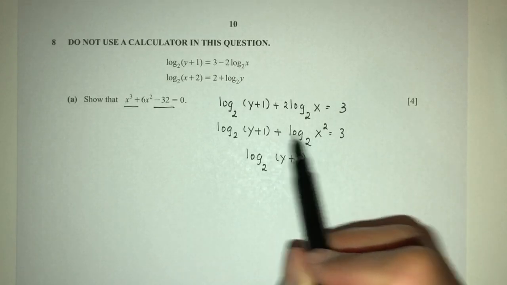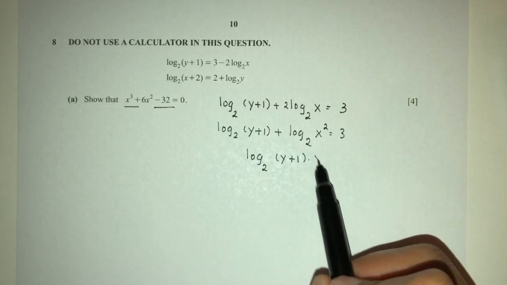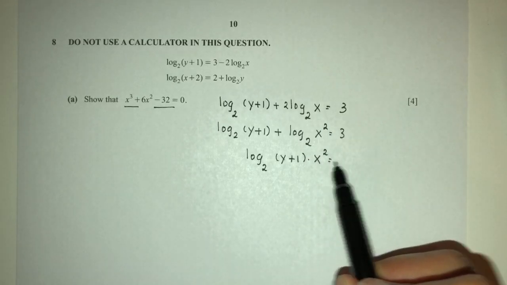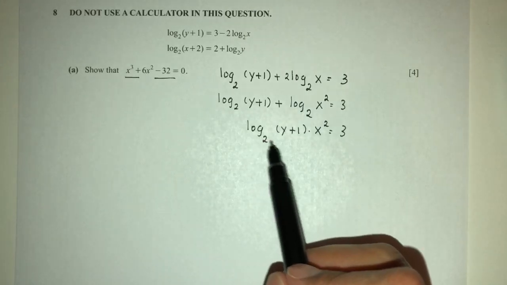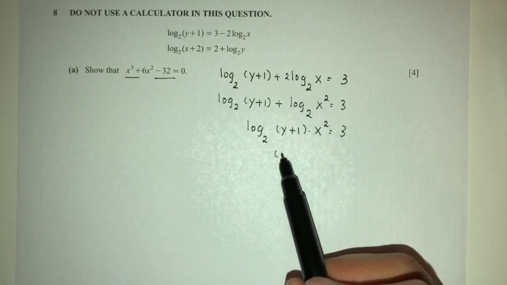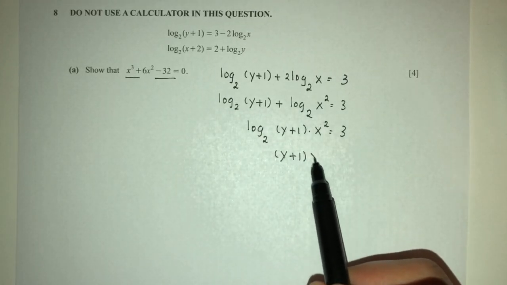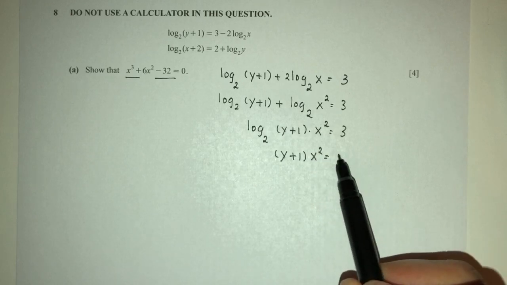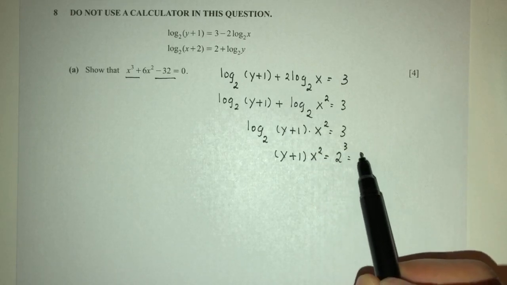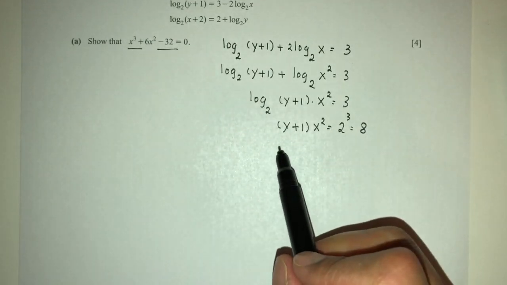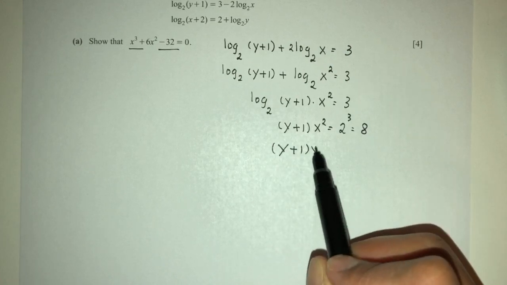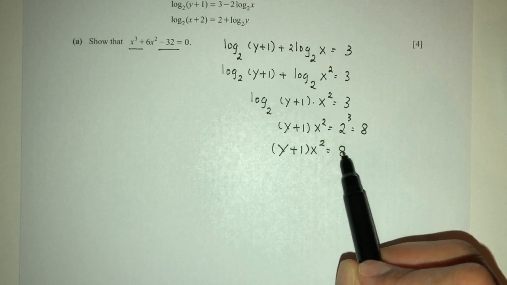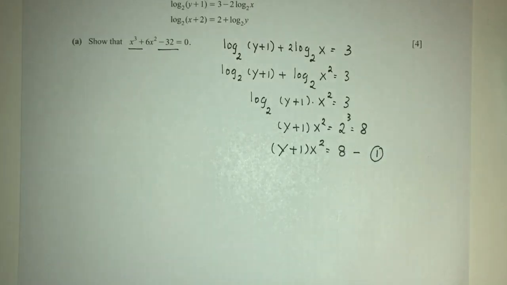Because we have plus here, we can combine them and multiply by the value here. That will become 3. Now we have to simplify again. We can send this over here. You will have x squared times y plus 1 is 2 power 3, which is 8. So y plus 1 times x squared is equal to 8. That is my equation number 1.